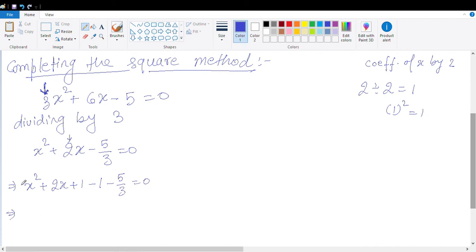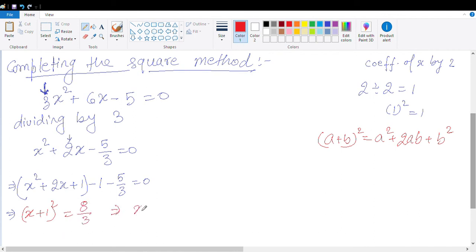Now you can see the first three terms are in the standard formula, and what is that formula? A plus b whole square equal to a square plus 2ab plus b square. So this is x plus 1 whole square equal to, shifting this constant term to the right hand side, 5 over 3 becomes plus, 8 upon 3.